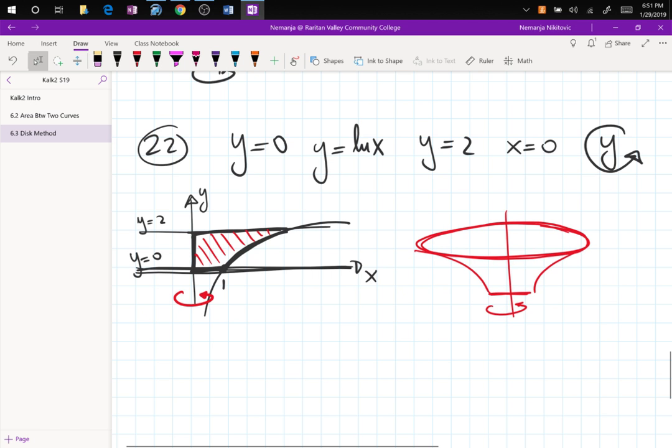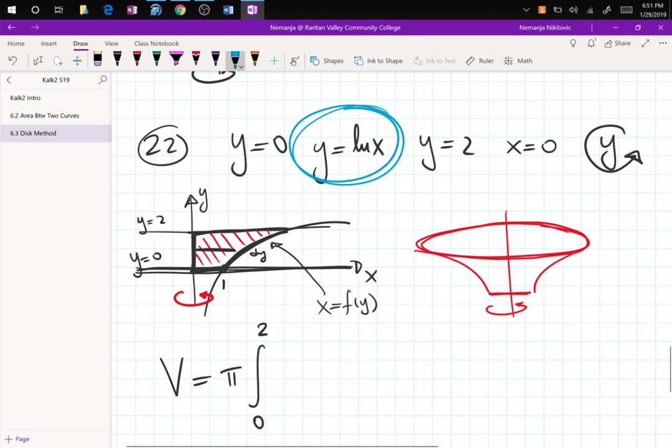Now, to find our volume, we simply start with pi. Observe our delta y representative rectangle. Bottom is 0, top is 2. And now I need this function here. I need this as x, a function of y. So that means that I have to flip this.